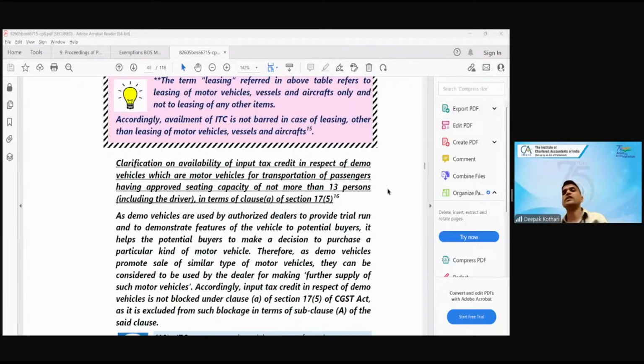What is the meaning of demo vehicle? Do you know or don't know? Come on. Now we have to make this class a little interactive. Otherwise, this will not work the same. We have to tell what is a demo vehicle. You can be wrong also, but you'll have to guess, no? Yeah, any more? This is just only one answer.